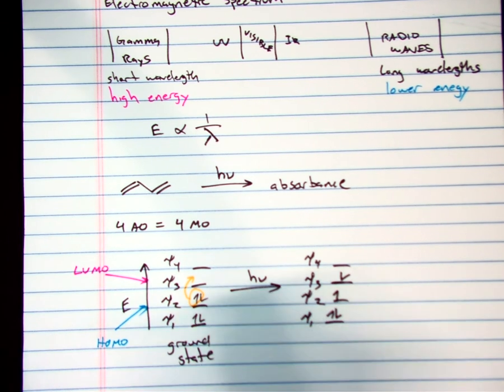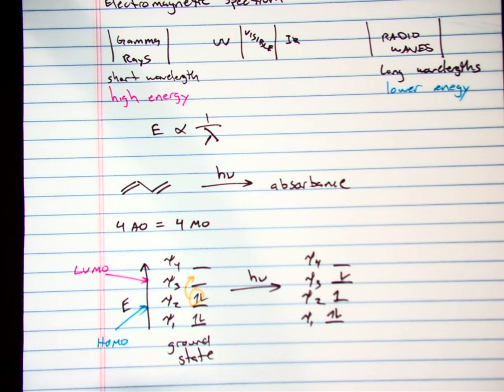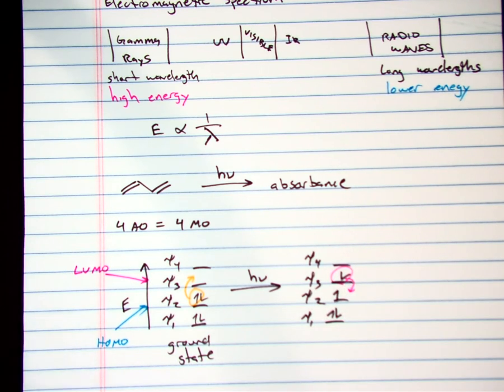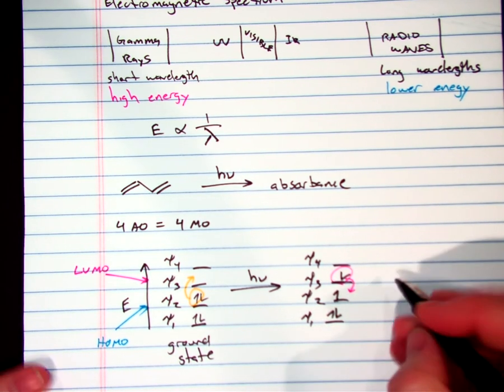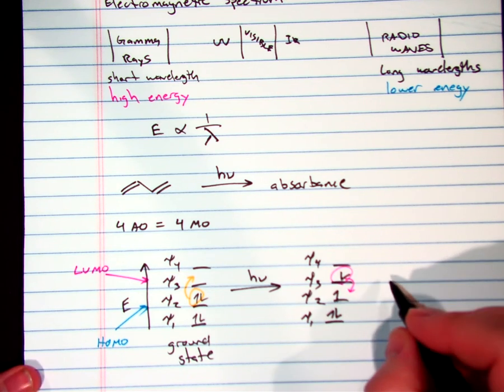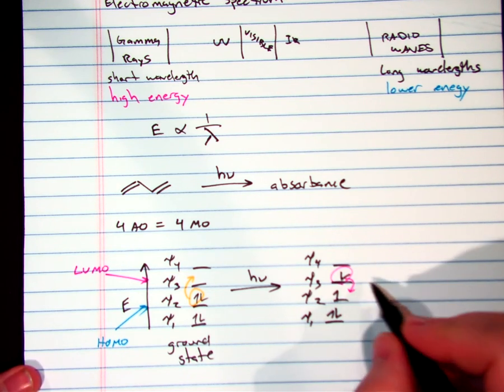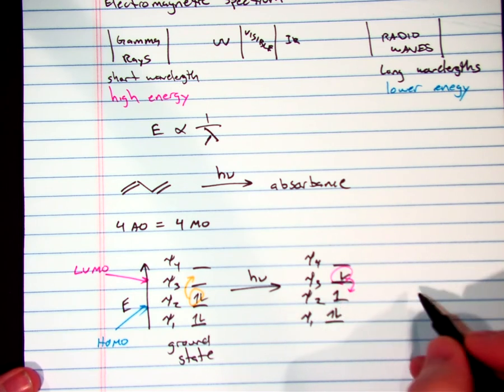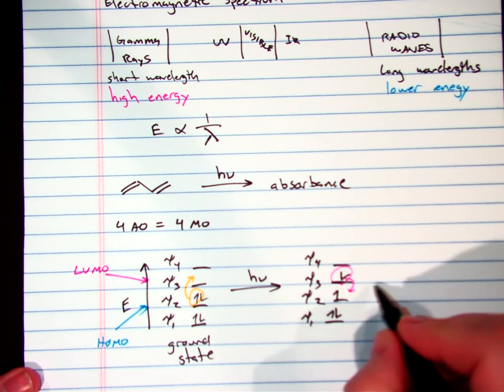Now this electron can transition back down to its original energy state, and there's a couple different processes that can happen in this case. It could give off light. So that's one thing that can happen, give off light, or depending on how that transition works, there could be different types of energy that are being released.